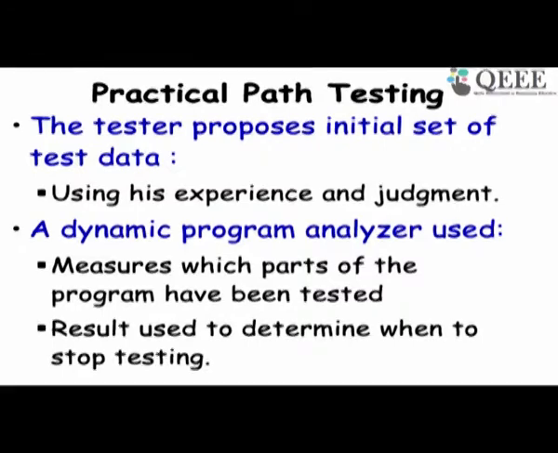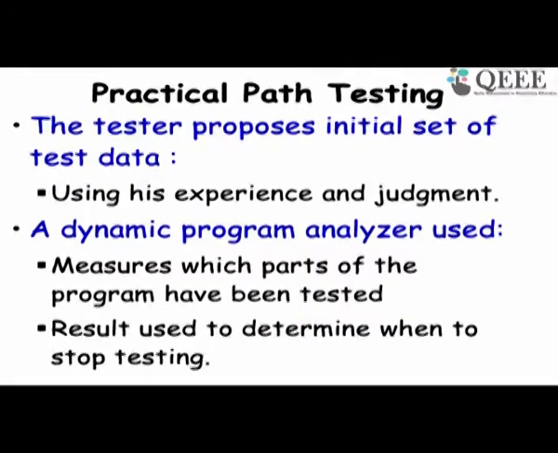So if it is so hard to know the linearly independent paths, and also the test cases that will be required to execute those paths, how is path testing practically carried out? Typically a programmer just enters random values. Based on his experience and judgment, he might enter values which may be random or may be guided by his knowledge of the program, and then he uses a dynamic analysis tool.